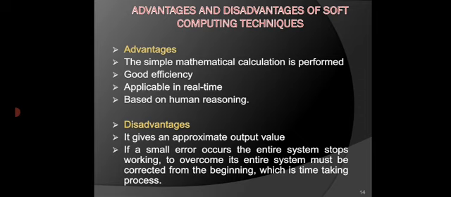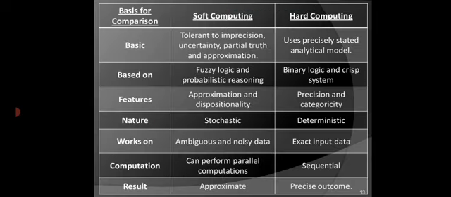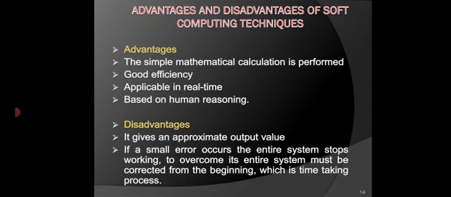So these are the differences between soft computing and hard computing based on their features, method, nature and result. Let's move forward to the advantages and disadvantages of the technique.